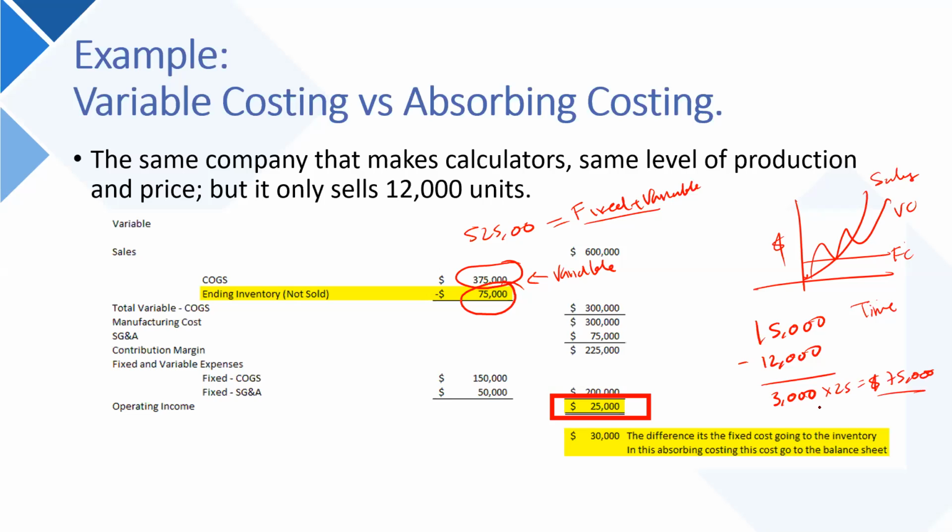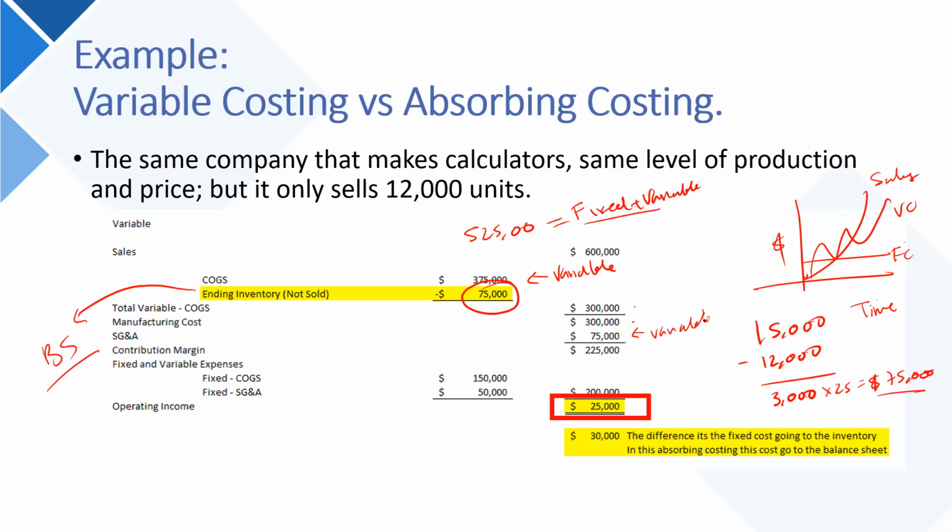That is correct. So we're going to take 75,000 out of the income statement to the balance sheet. We continue with other operations. We add this up. We have the total variable cost of goods sold, the manufacturing cost, then the sales and general. Remember, this is variable only.